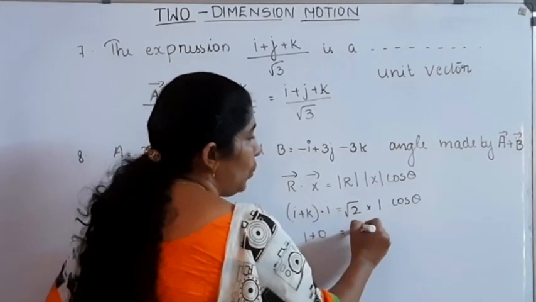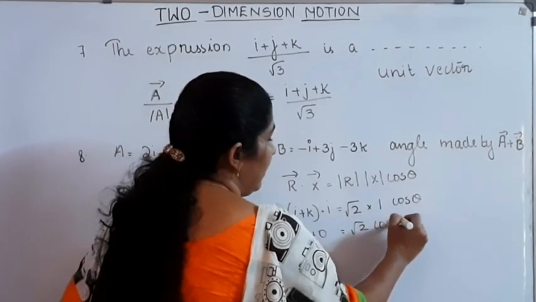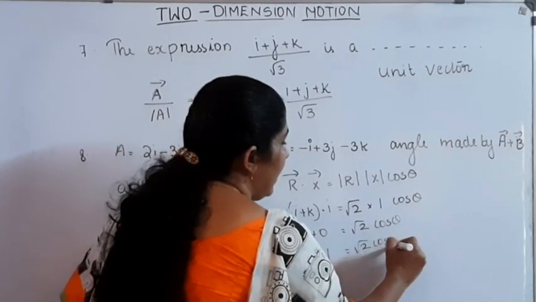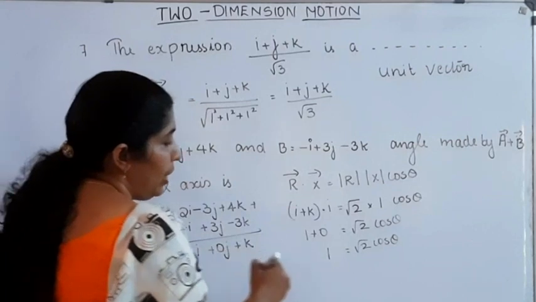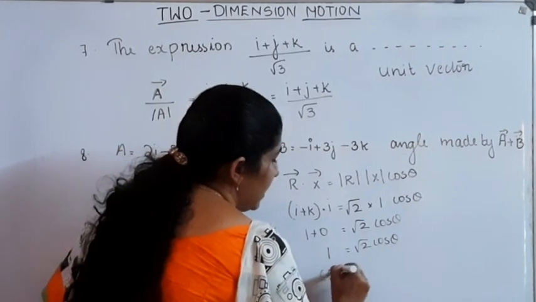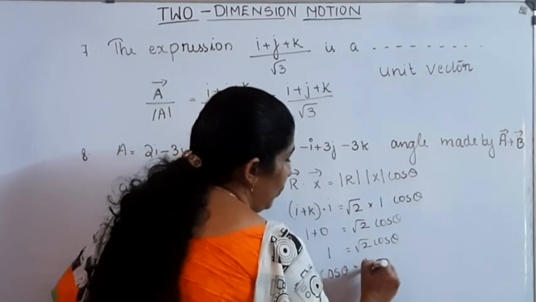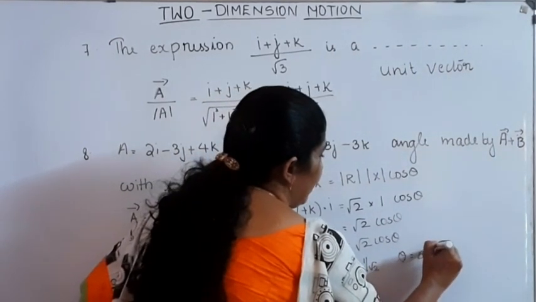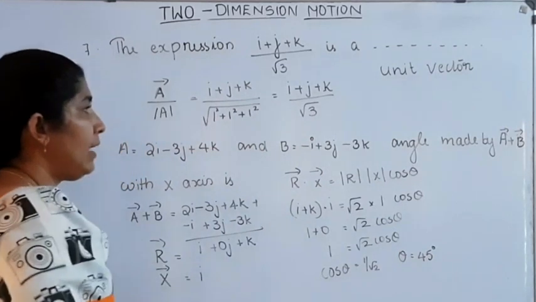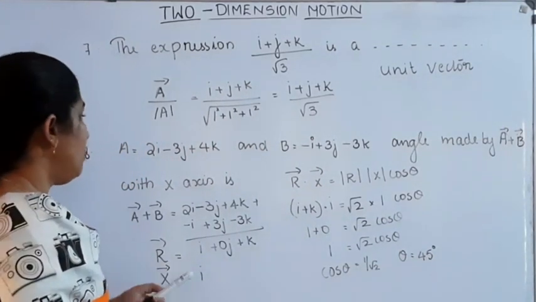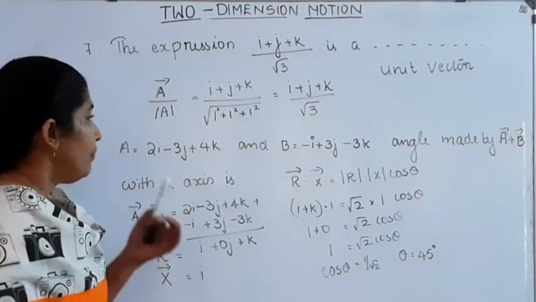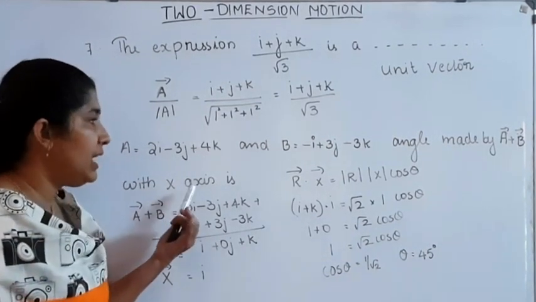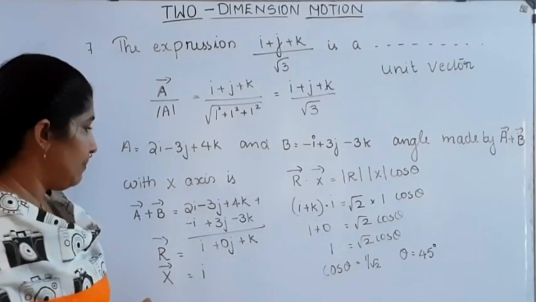That's equal to root 2 cos theta. Then 1 is equal to root 2 cos theta. Then cos theta is equal to 1 by root 2. That means theta is equal to 45 degrees. Then the angle between vector A plus vector B with the x-axis is 45 degrees.